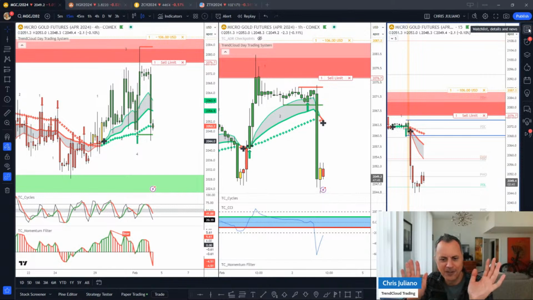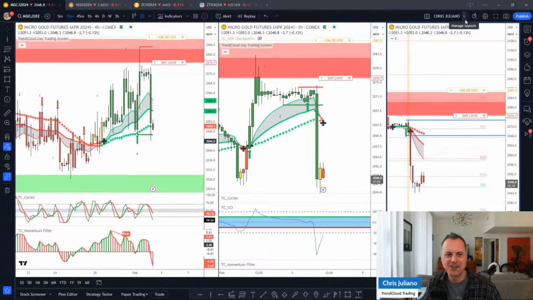Listen to this rule. Are you ready for this? On the Apex website, in order to pass the challenge, you have to have 0 drawdown. 0, which means if you get 1 stop out, you're out. Now, how ridiculous is that? Let me bring that up, and I'll leave you with that.